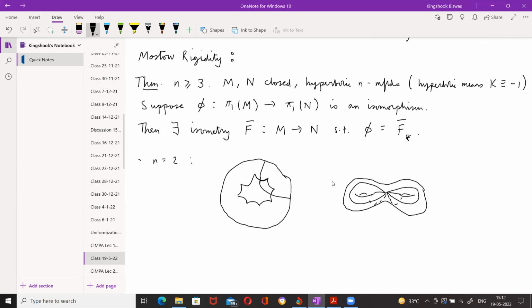So this side is the same as this, and this side is the same as this, and this side is the same as this, and this side is the same as this.